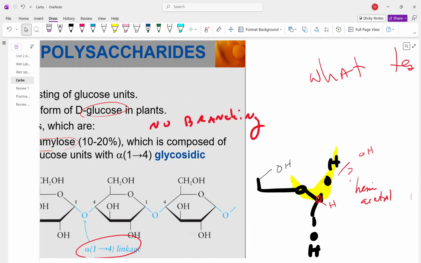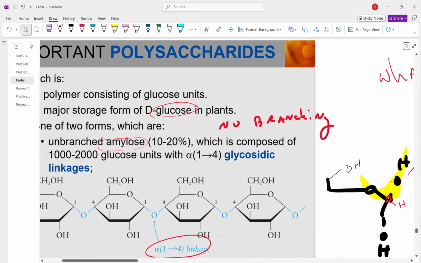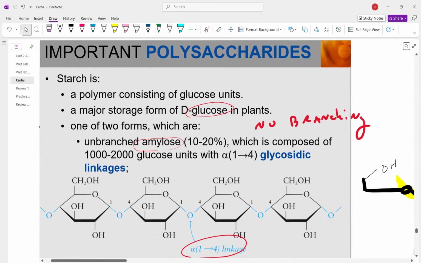So starch is a very weak reducing sugar because the terminal glucose is a hemiacetal. All the others are full-blown acetals. The name of this is amylose. Amylase is the enzyme associated with digesting amylose.